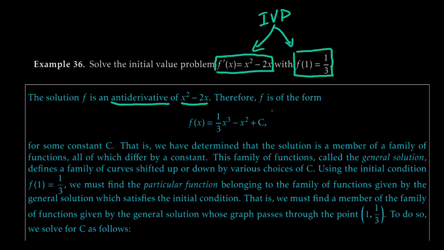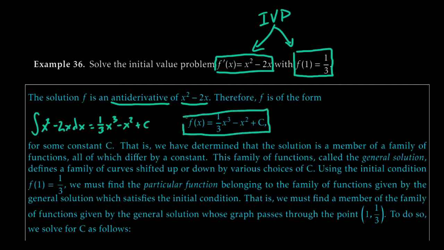So just doing a quick indefinite integral, the indefinite integral of x squared minus 2x dx is, just by the power rule, given by 1/3 x to the third minus x squared plus a constant. This tells us that f of x has to be of the form 1/3 x to the third minus x squared plus c.